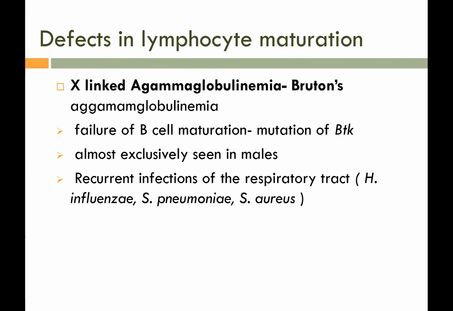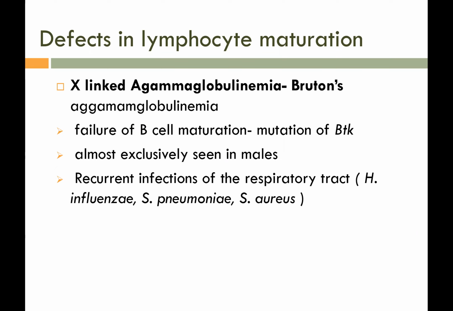The problem here is failure of cell maturation because of the mutation of BTK. Bruton tyrosine kinase, or the gene that encodes it, is in chromosome X. It is associated with a pre-BCR and with a B cell receptor complex, which are found on mature B cells.